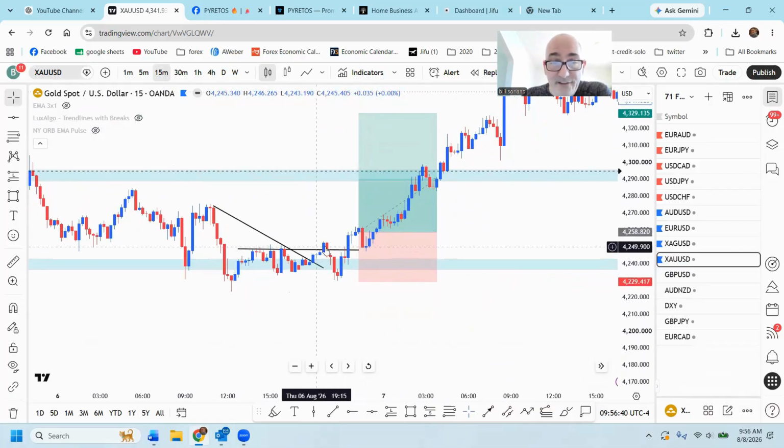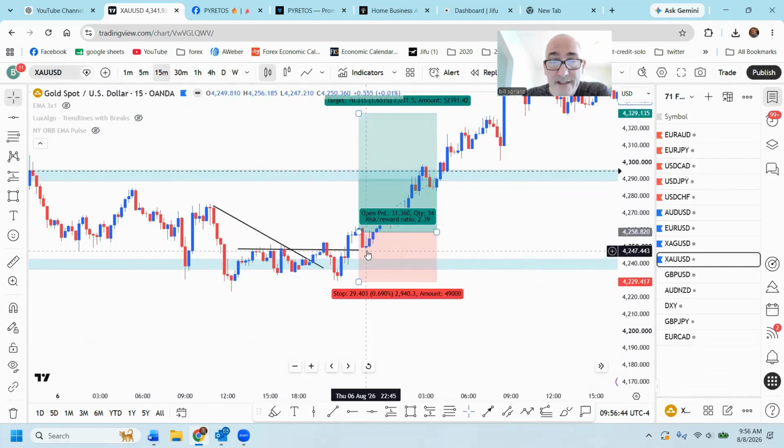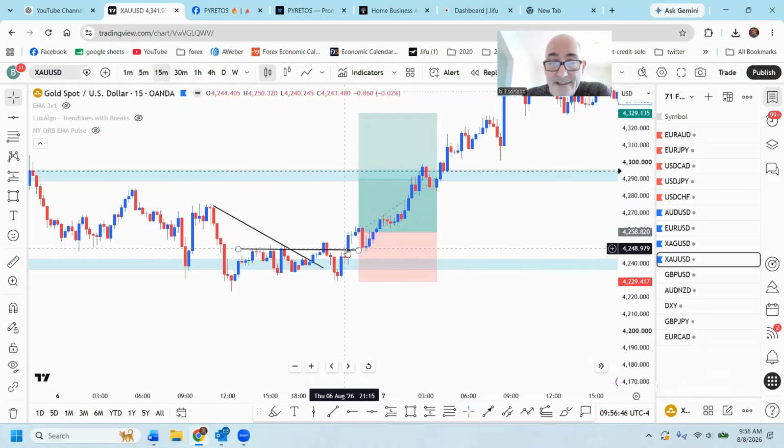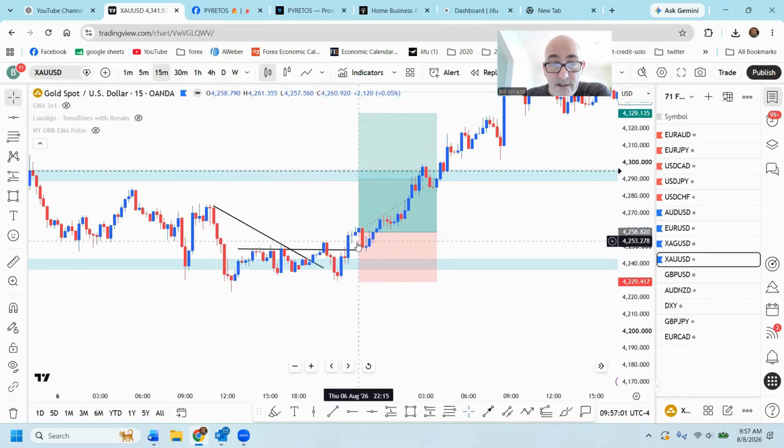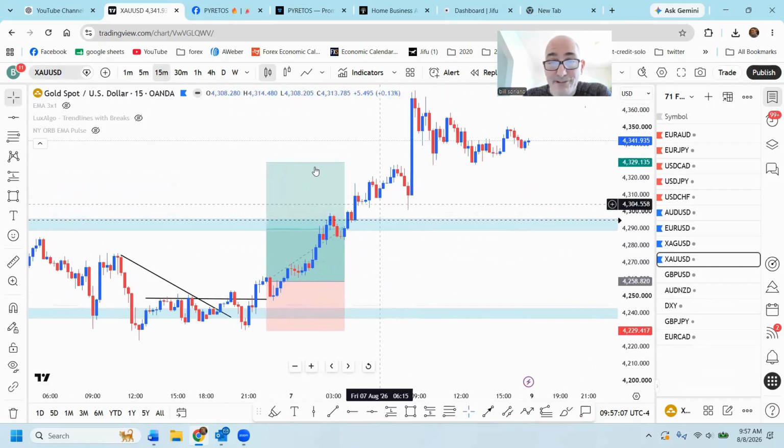Anyway, he gave this area out here. He basically said, guys, wait for a break of this line here, the break of structure here on the 15-minute. So we kind of got a trend line activation right here, but we don't get that full break of this trend line till right here. And that's where I got in and took this up overnight.